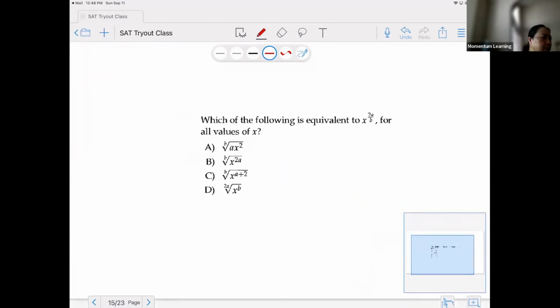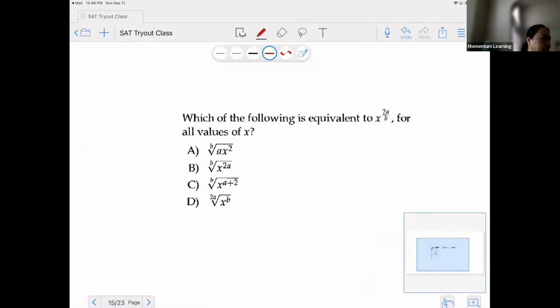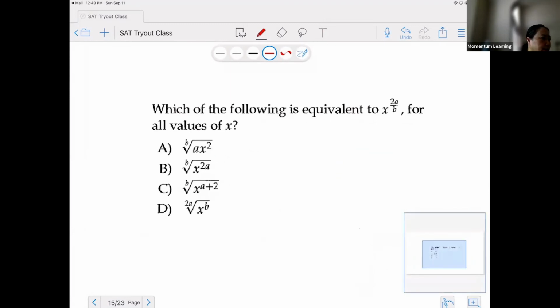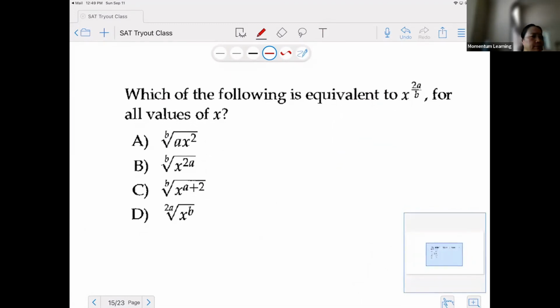To the next one. This is to check if you remember the formula. When you have a fraction in the exponent, you have the radical, you have the root.